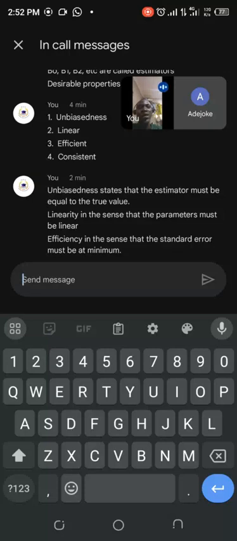So when you say that an estimator must be efficient, you are saying that the standard error must be the least across different types of estimators you are using. So we have the OLS, then we have estimators of other methods. But OLS la máa ń lò jù nítorí pé the standard error of the OLS is the least compared to other ones that you may want to be using.